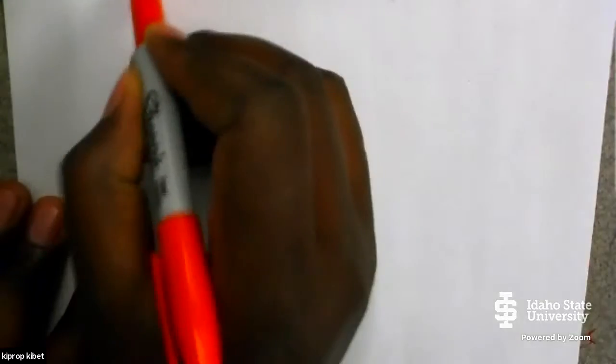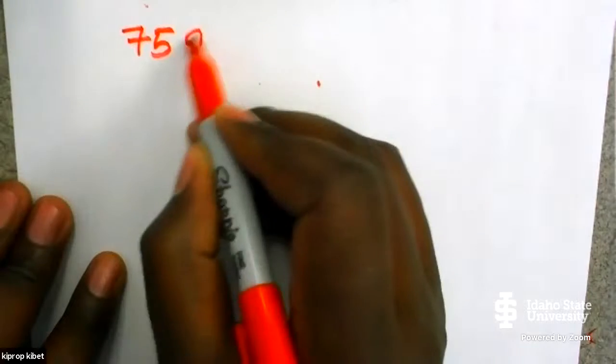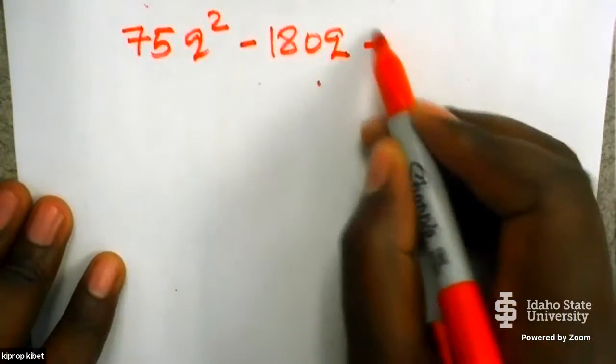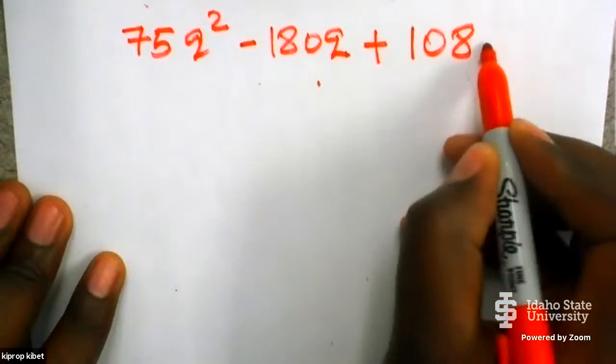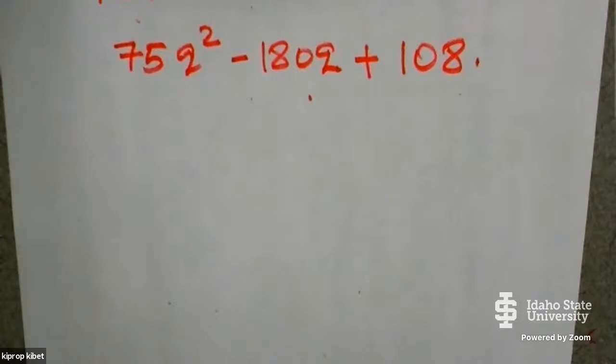Another example, factor 75q squared minus 180q plus 108. So factor 75q squared minus 180q plus 108.